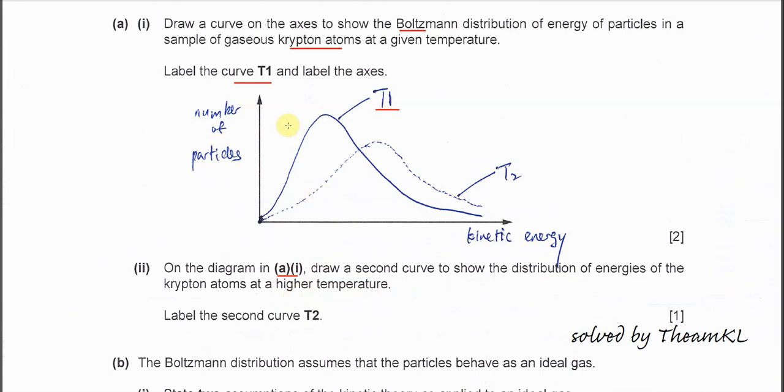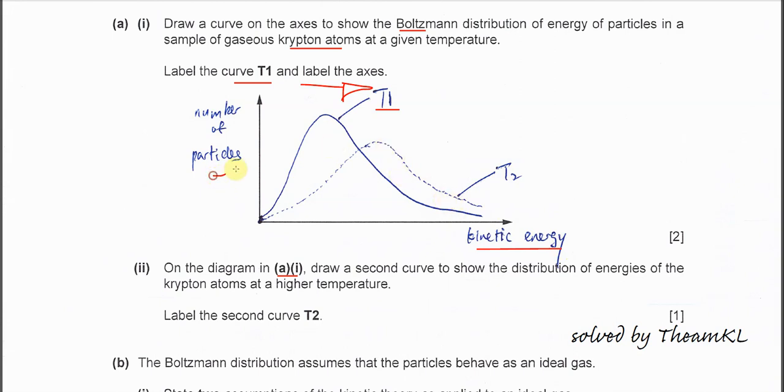Means the whole distribution must shift right. Why shift right? Because to the right means kinetic energy increases. So when temperature increases, kinetic energy increases. So it must move to the right.